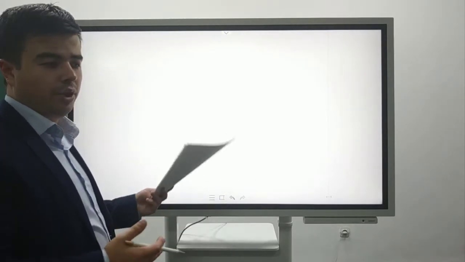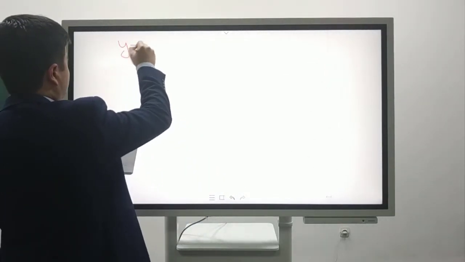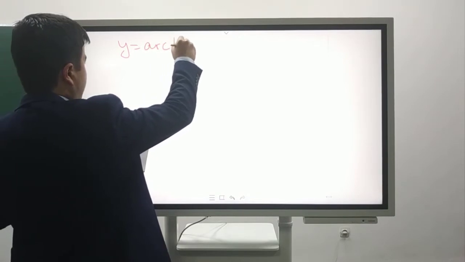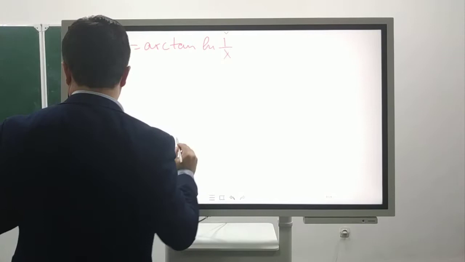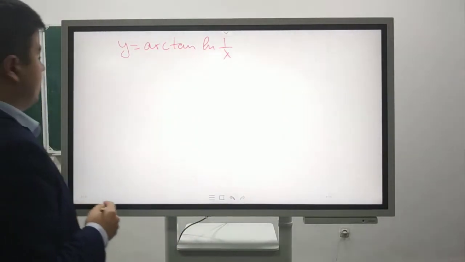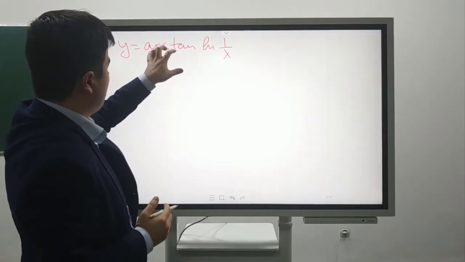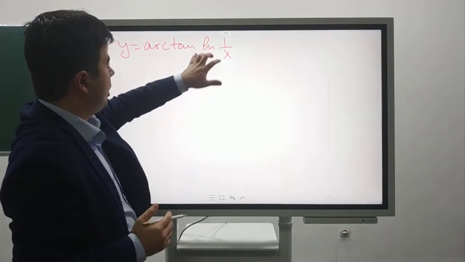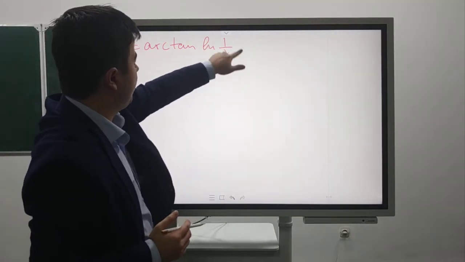There are different cases in which we can find the derivative. So, for example, the next example is arctangent of natural logarithm of 1 over x. If it is clear, here we have three functions: arctangent x, natural logarithm of x, and 1 over x.